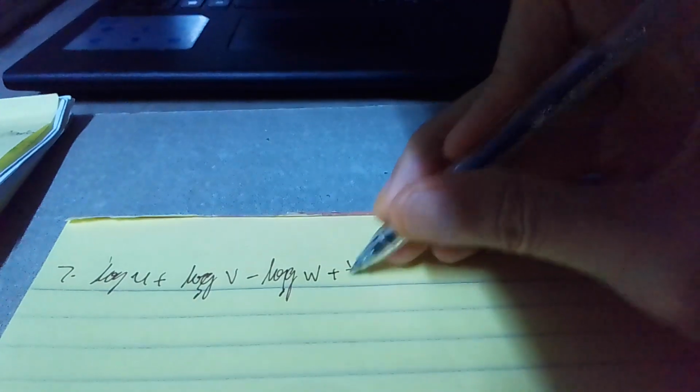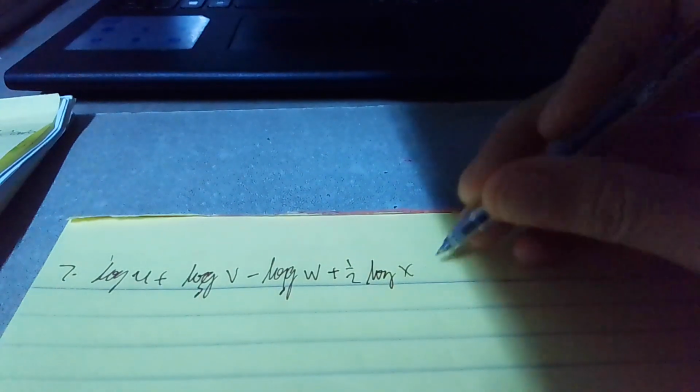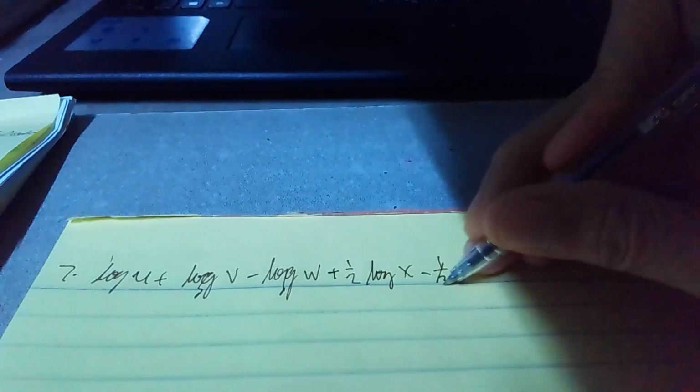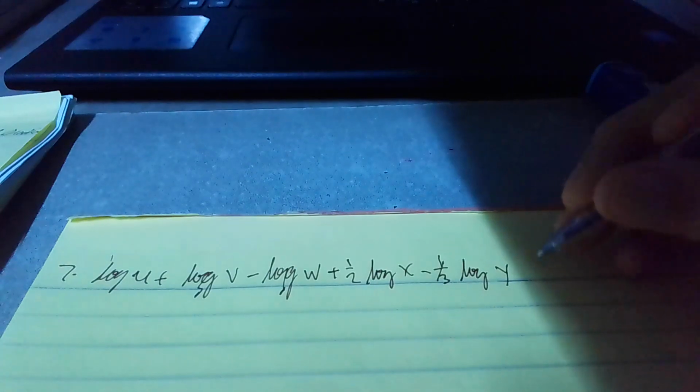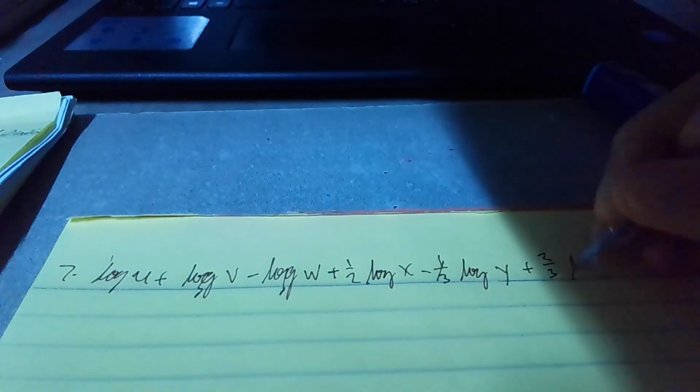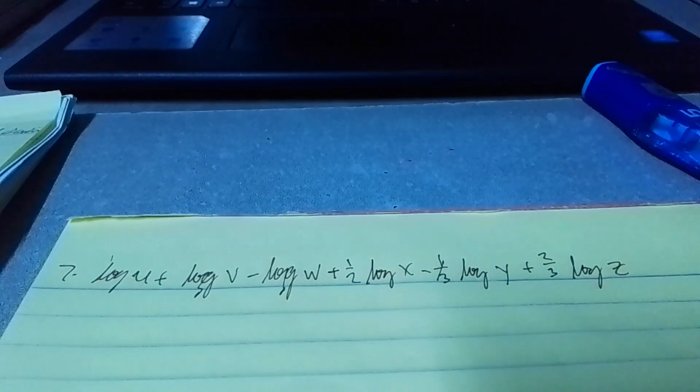So therefore, number 7, we have log of u. Wait lang ha. And then we have log of v. And then minus log of w. What else?